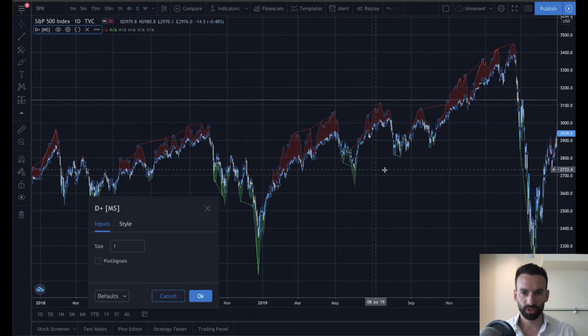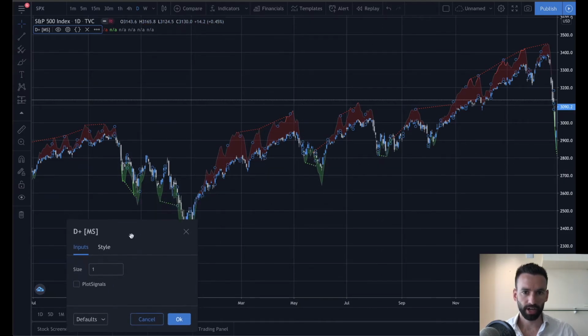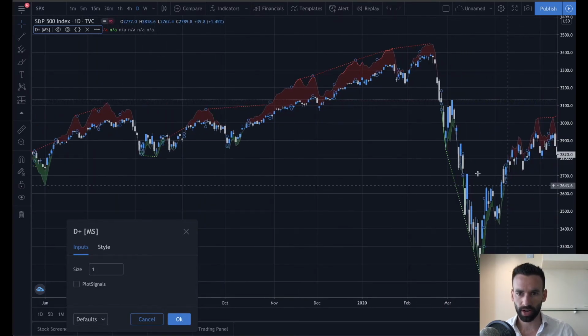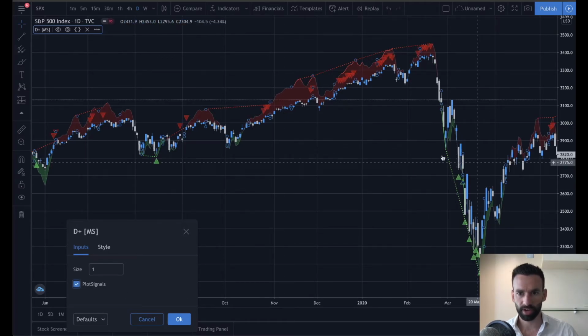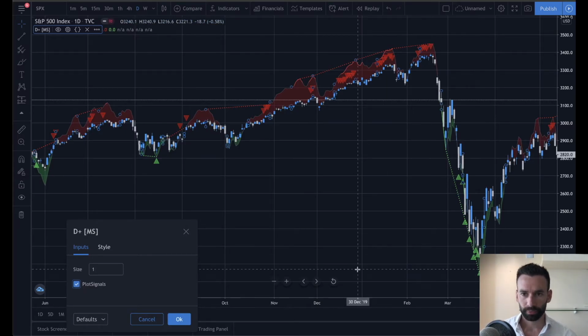These lines are going to be shorter. You're going to see smaller moves, kind of like this one here, and those are moves that weren't necessarily captured. Here's an interesting one. With the size 1, you get this move here. With plot signals, that might have printed all the way down. You still get a number of signals there.